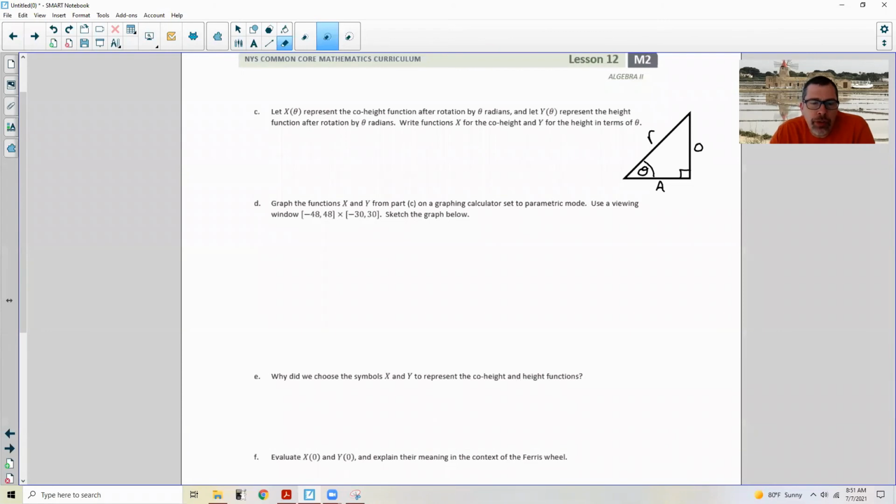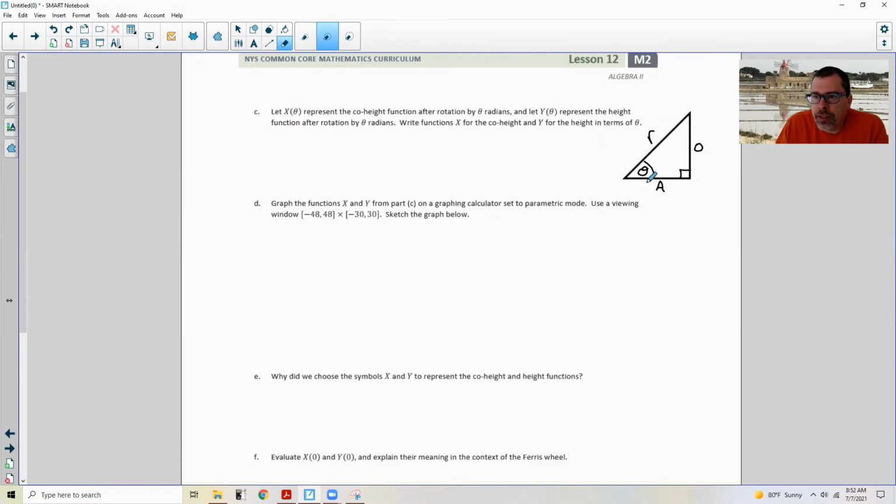Okay, part C on page 2 says to let x of theta represent the co-height function after a rotation by theta radians, and let y of theta represent the height function after rotation by theta radians. Write functions x for the co-height and y for the height in terms of theta. So here is my right triangle where theta is the central angle of that Ferris wheel circle.